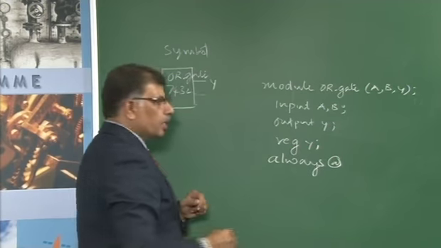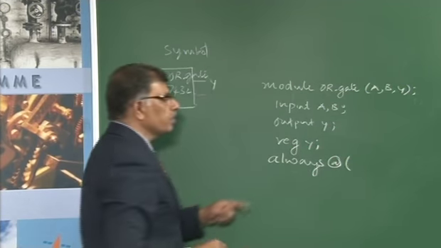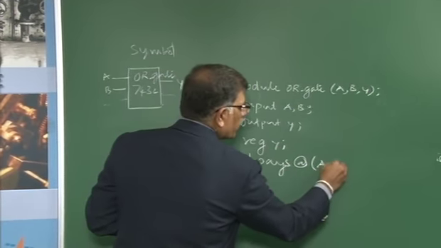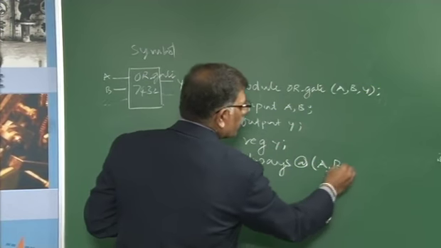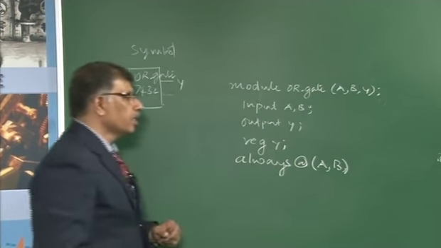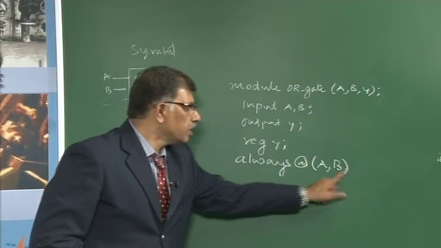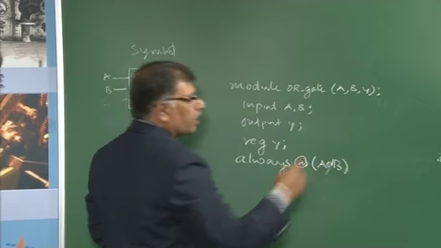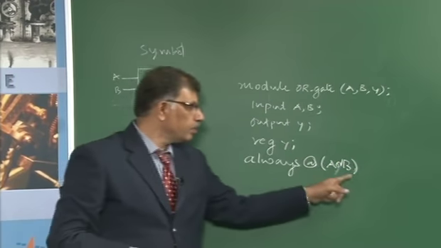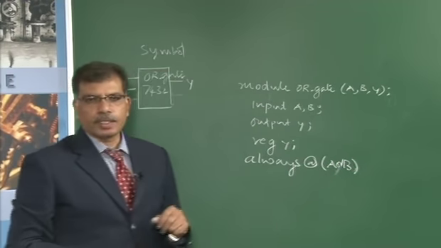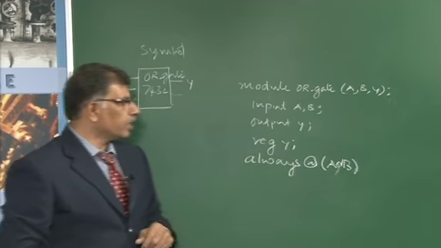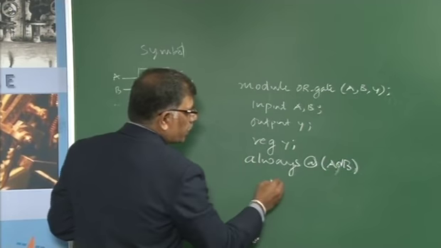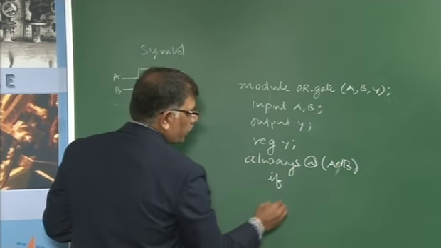Always is a keyword, and after the at-the-rate symbol we have to mention the sensitivity list. Sensitivity list means if something changes on the inputs A and B. In some books they write it as A or B. If anything changes on A or B, this always statement will execute, otherwise it will not execute. So once I use an always statement, next you have to use the sequential statement like if.